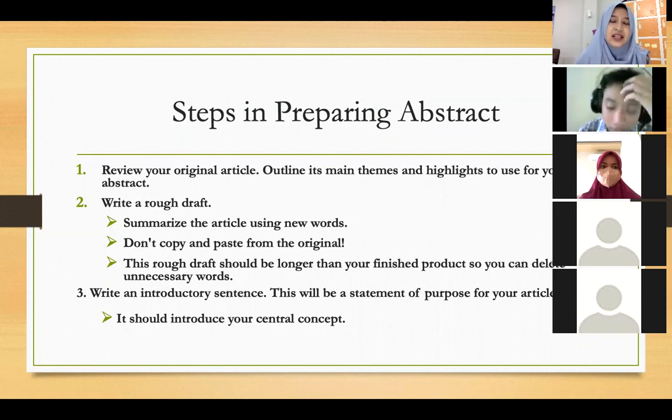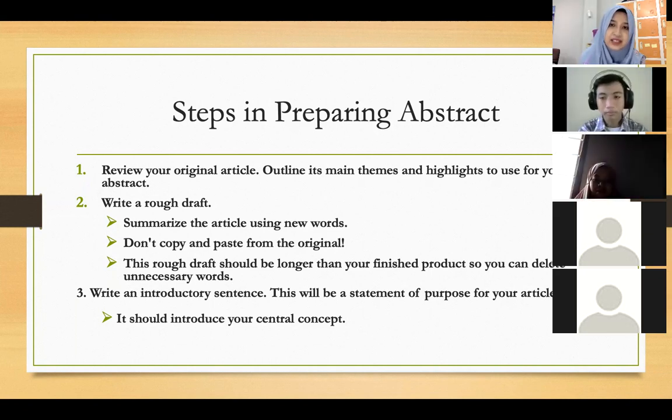And then write an introductory sentence. The introductory sentence for the abstract normally is the objective of the study. When you read papers, I think you have been reading several already by now, you would see that in the abstract they mention first the objective of the study.